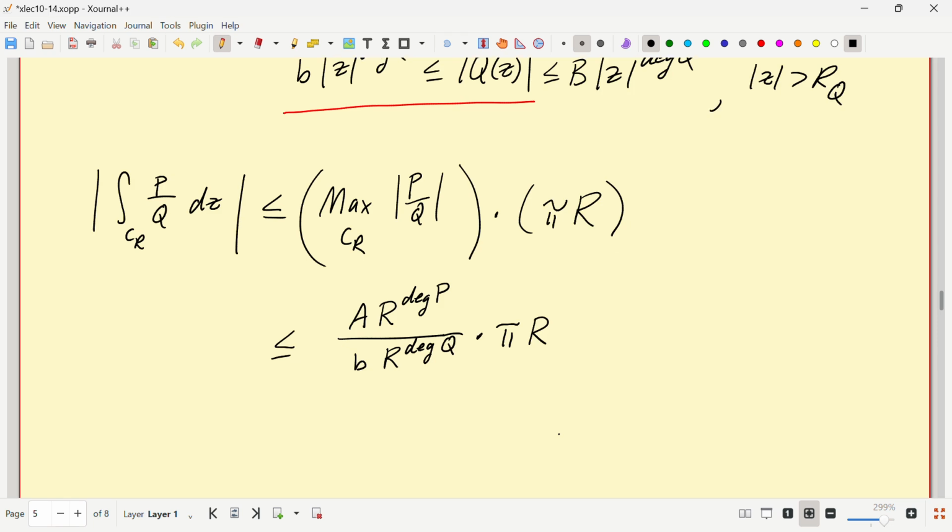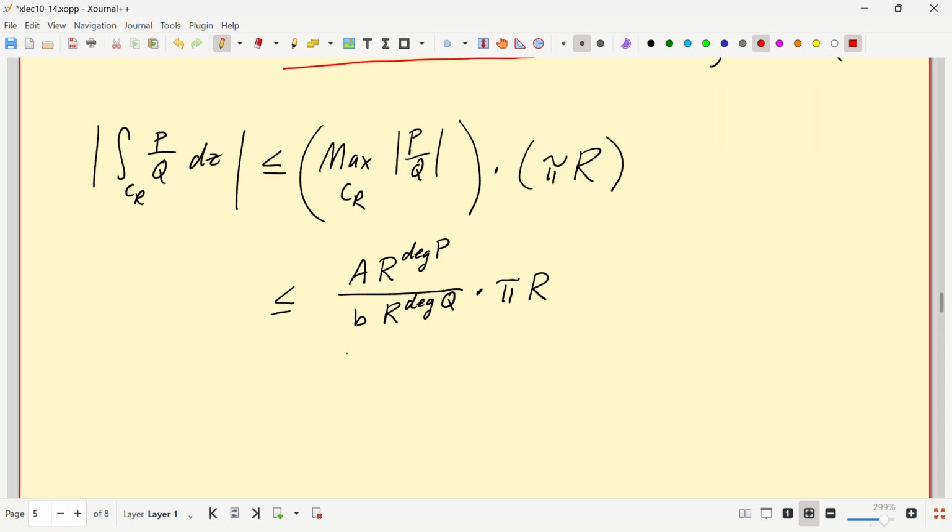So that's equal to a pi over b times 1 over r to the degree of q minus the degree of p, minus 1.